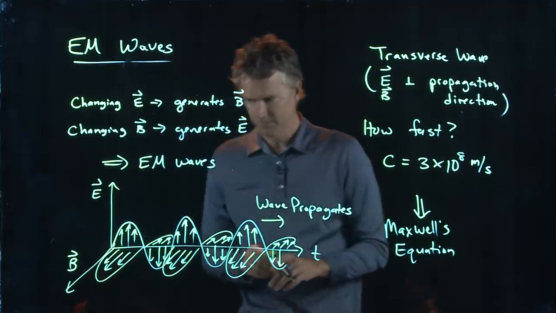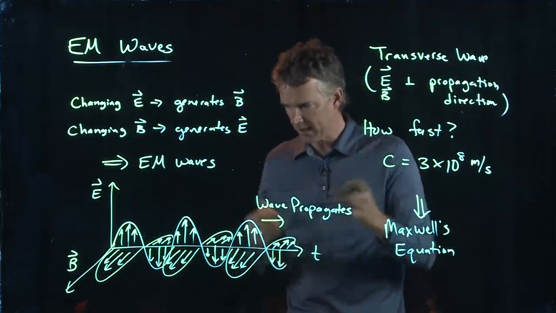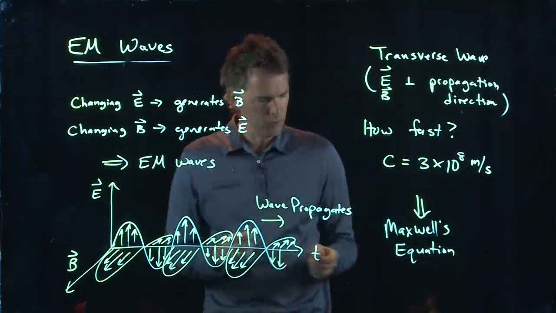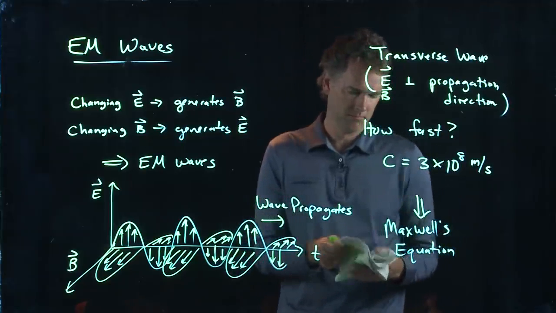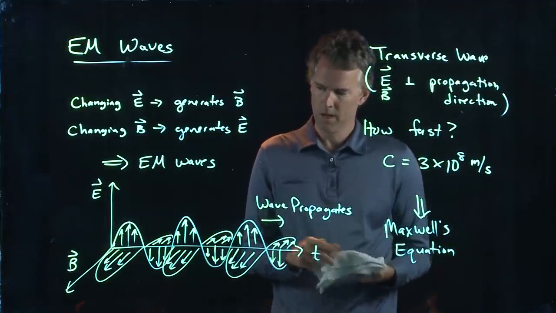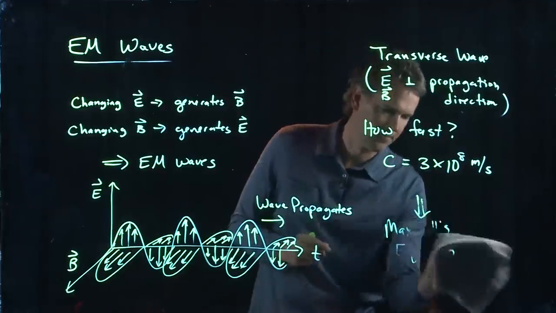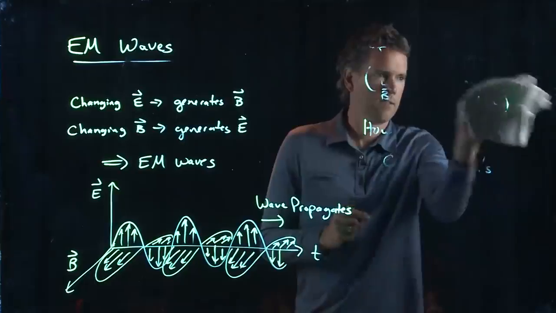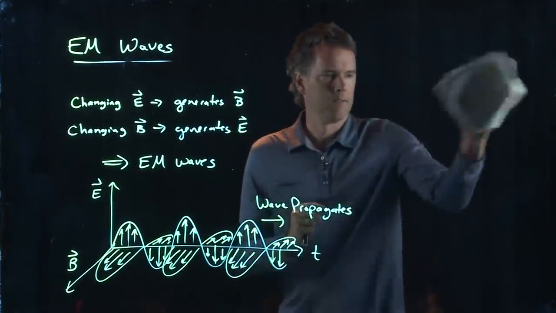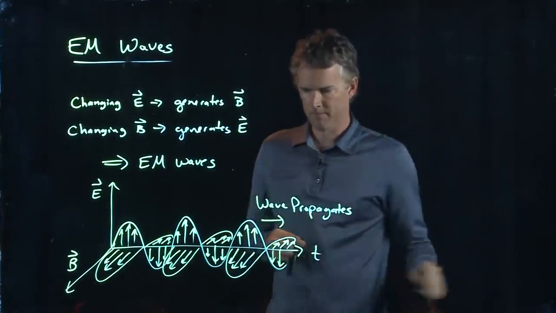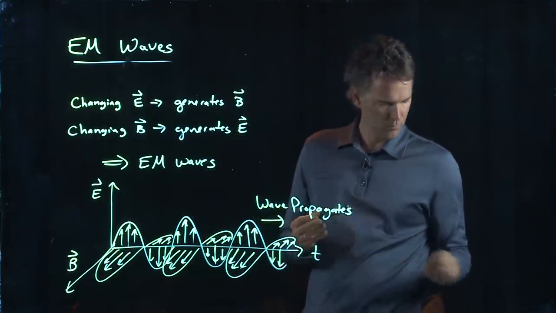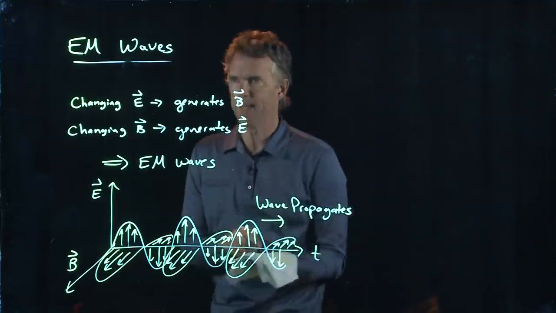All right. If we have these changing electromagnetic waves that are flying around the universe, how do we detect them? Well, let's think about this wave right here. Let's say we do the following, and let's redraw it, but let's erase the magnetic field.